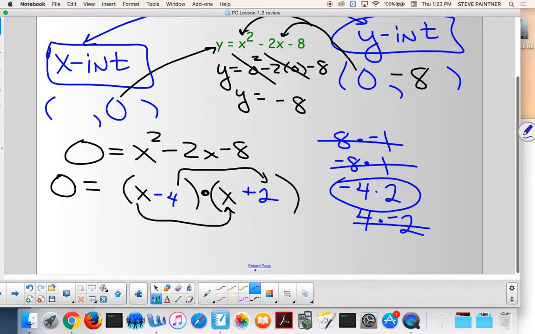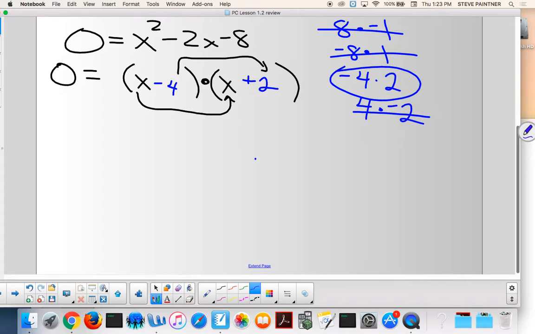But that doesn't mean you're done, because you still have to get your solutions out of this. So when will this number times this number be 0? When will this be 0? When x is 4.